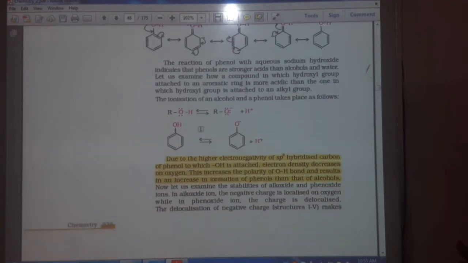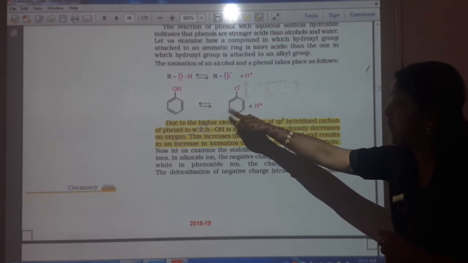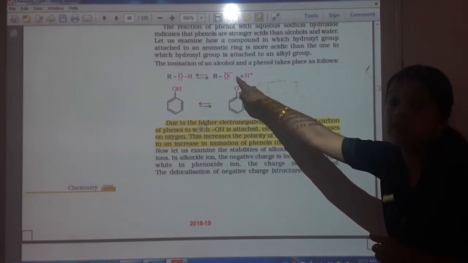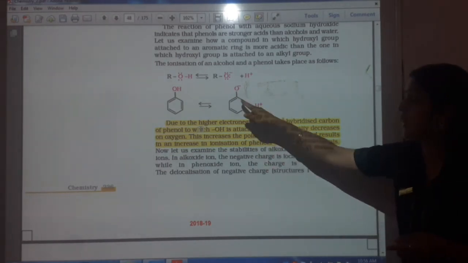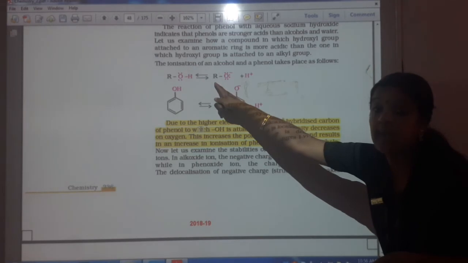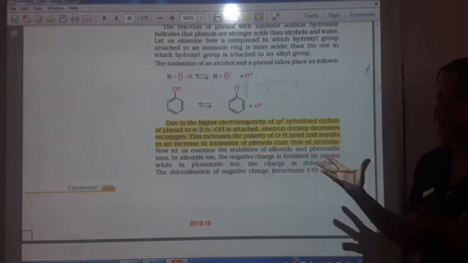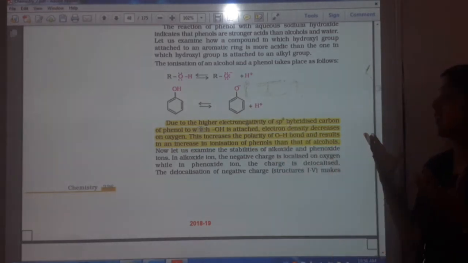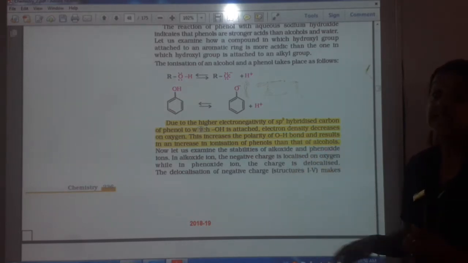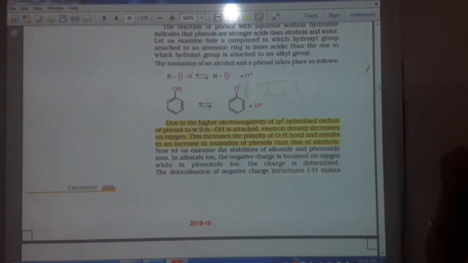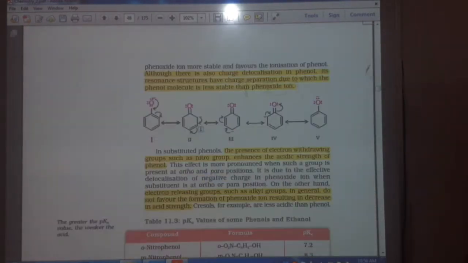If you see the reactions here, ionization of alcohol gives RO minus and H plus, but this is giving a phenoxide ion. This is alkoxide, this is phenoxide ion. But listen children, due to the higher electronegativity of sp2 when compared to R, in phenol to which OH is attached, the electron density decreases on oxygen. This increases the polarity of the OH bond and results in ionization, which shows that phenol is more and more acidic as compared to alcohol.